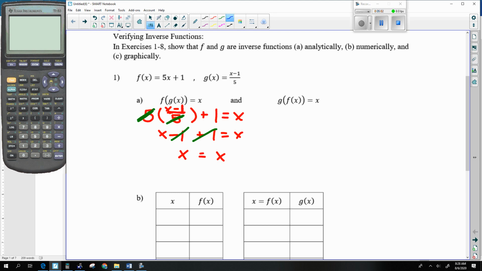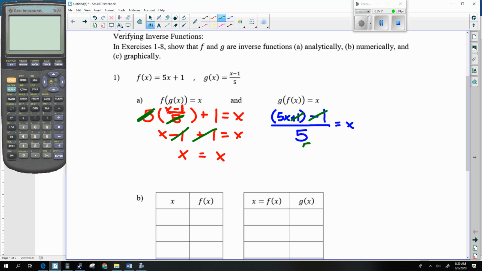On the second one, I see that g is the big equation, so this is x minus 1 divided by 5. And the f that I'm putting inside that g is 5x plus 1. And I'm going to show that this is equal to x. Dealing with the numerator, nothing is multiplying in, so this is a plus 1 minus 1.